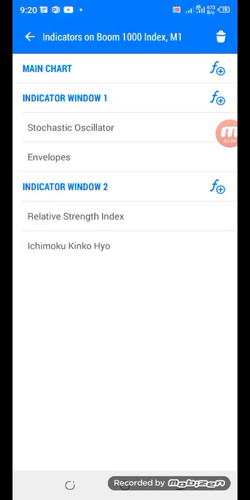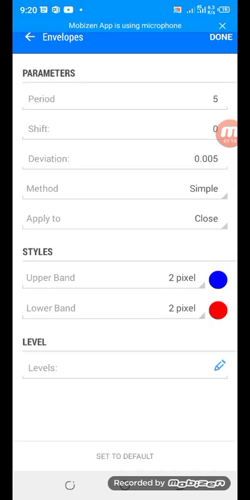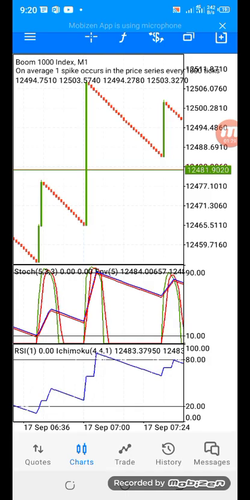After that, you apply your envelope to the stochastic, which is period 5. Deviation is 0.005, method simple and apply to close. You can use any color of your choice. So that one will give you the window 1.